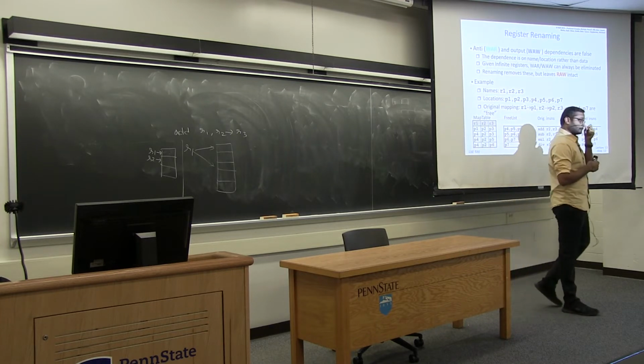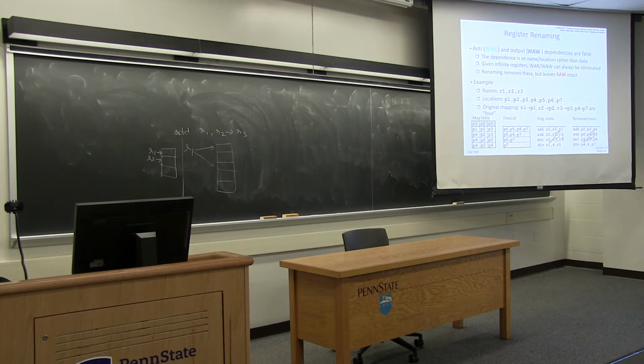Yeah. So does the free list get repopulated again? So yes. Once we are done with this instruction, if you look at this instruction, R1 was originally pointing to P1. And now we are saying that after this instruction is done, R1 is going to point to P4.